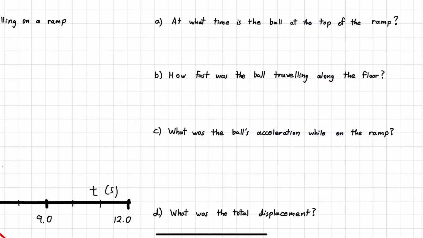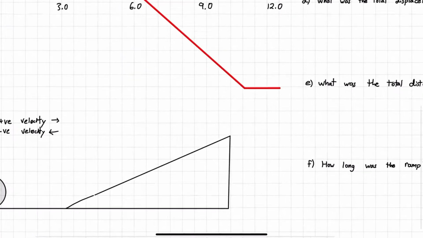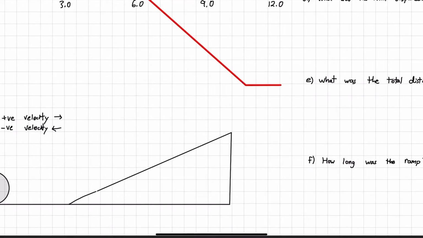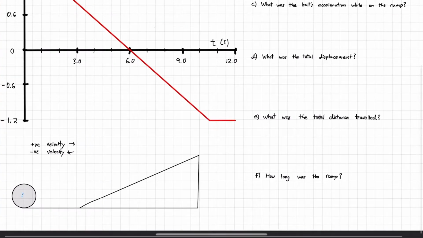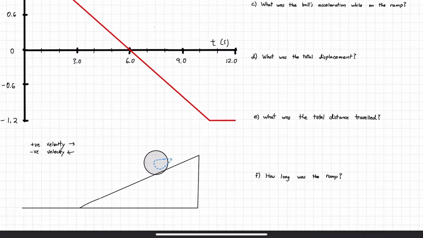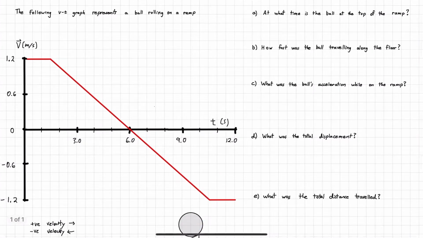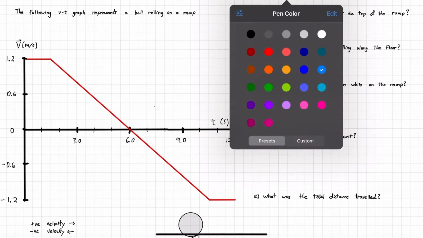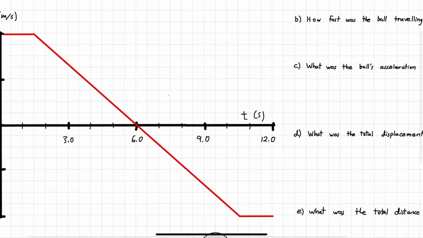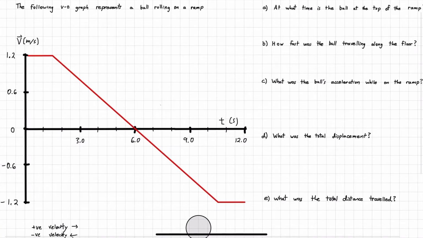Now, how do we know when the ball's at the top of the ramp? Well, we know because the ball reaches a speed of 0 meters per second when it's at the top, just before it starts coming back down again, right? So when we look at our graph, where is our velocity 0 meters per second? Well, it's at 6 seconds.